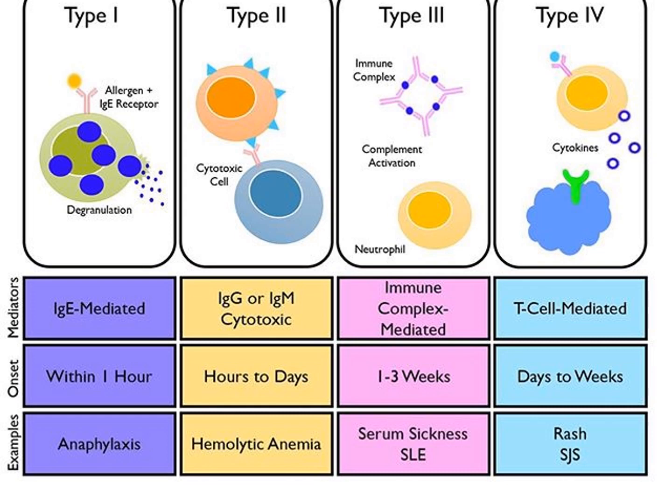So a type 1 hypersensitivity is IgE mediated. It's quick, and this is how we get anaphylaxis and allergic reactions. Most of what we learn in the immune chapter is this type 1. It's the IgE antibody, and then it goes awry basically. A type 2 is like hemolytic anemia. These are IgG and IgM antibodies.